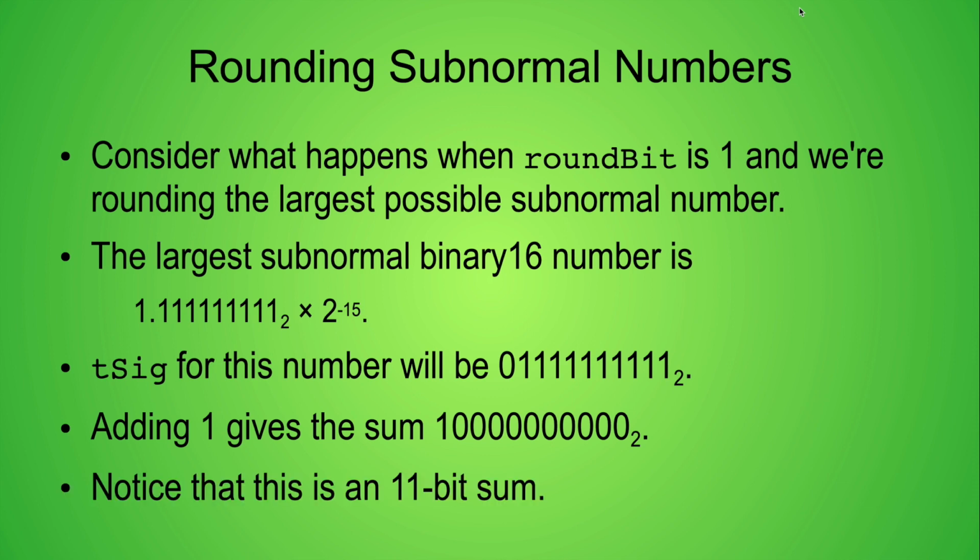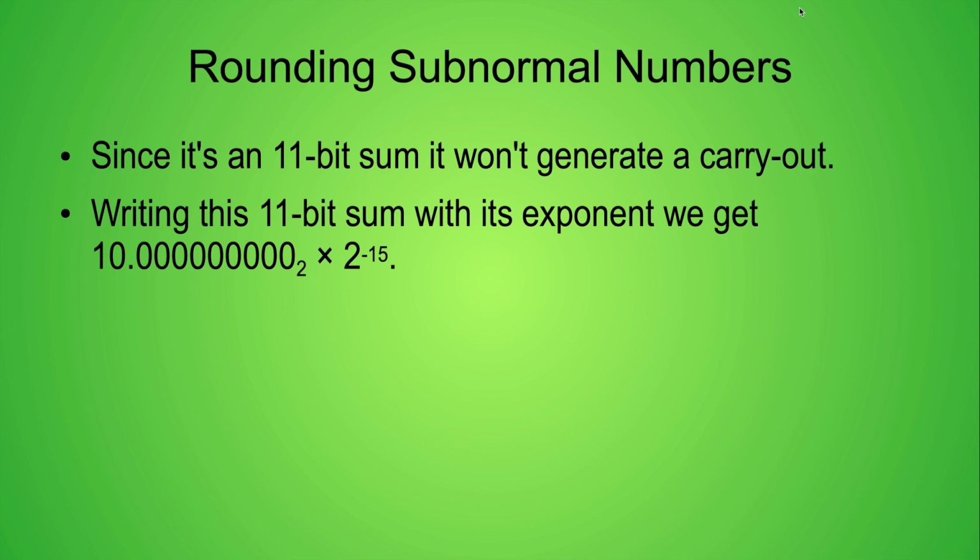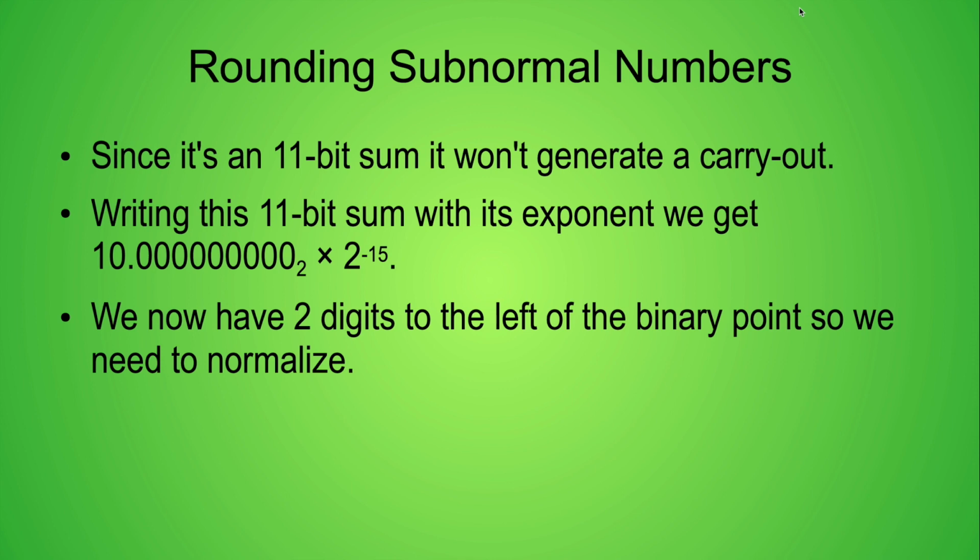Notice that this is an 11-bit sum. Because it's an 11-bit sum, it won't generate a carryout. Writing this 11-bit sum with its exponent, we get 1 0 point followed by 9 zeros times 2 to the -15th power. But we have 2 digits to the left of the binary point, so we need to renormalize.